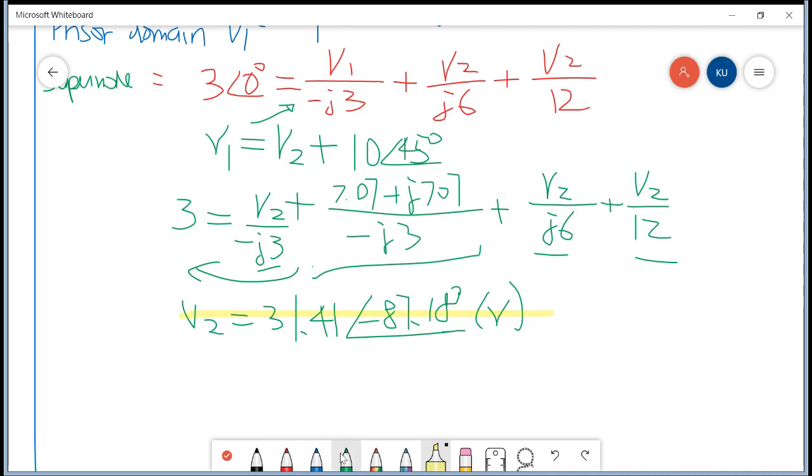And the next one we would like to find is V1, which will be V2 plus 10 at 45 degree.